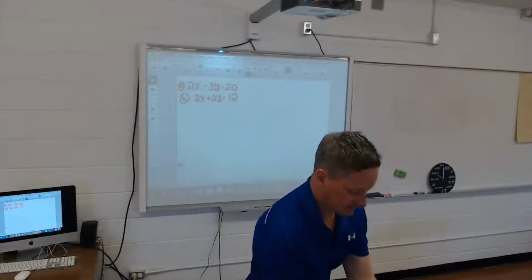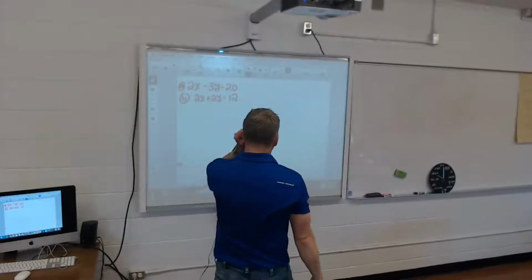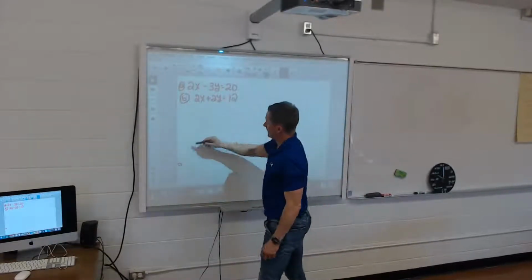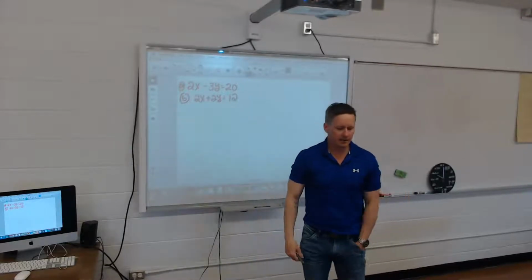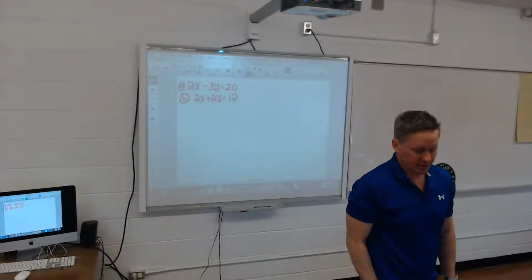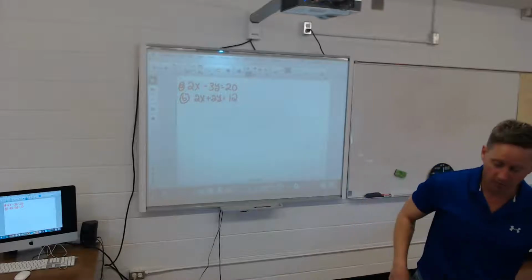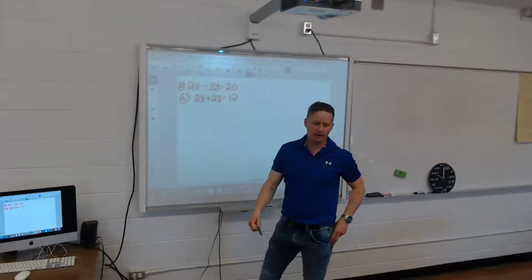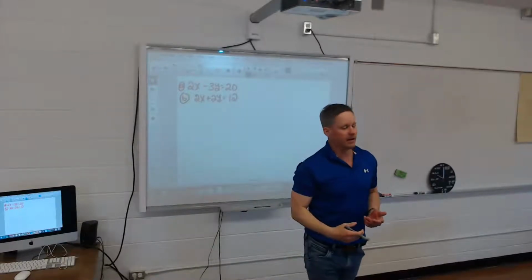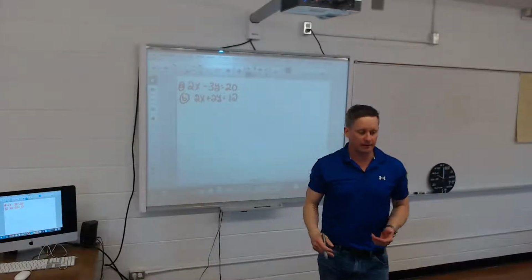Okay, so the first thing that I want to do is line up so that I have one of the variables and its additive inverse across from each other. So right now I see that I have a 2x here and a 2x here. Now, the book would tell you that you can just go ahead and subtract them, and that works.